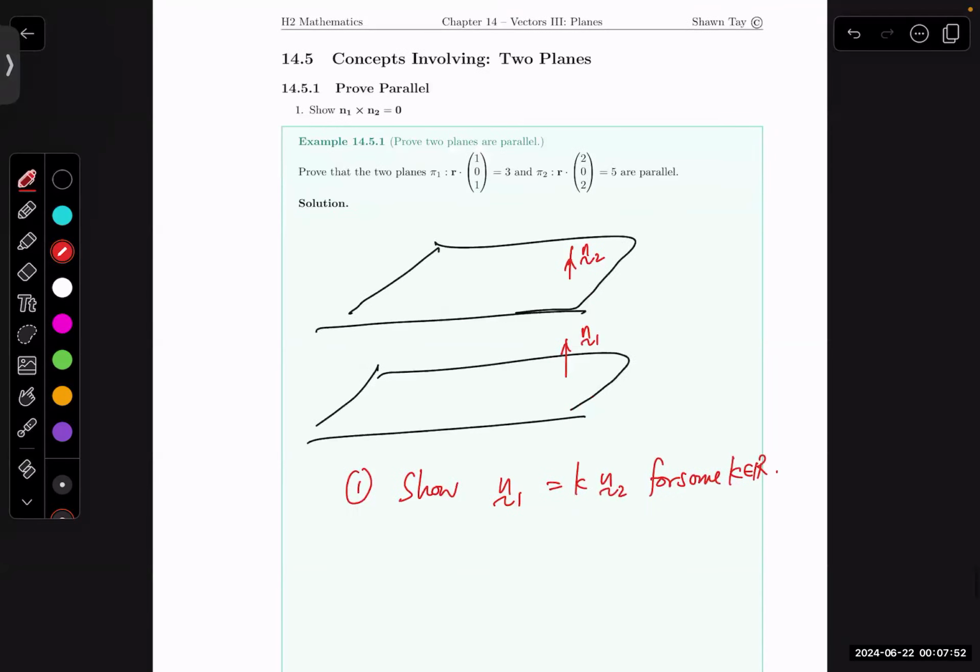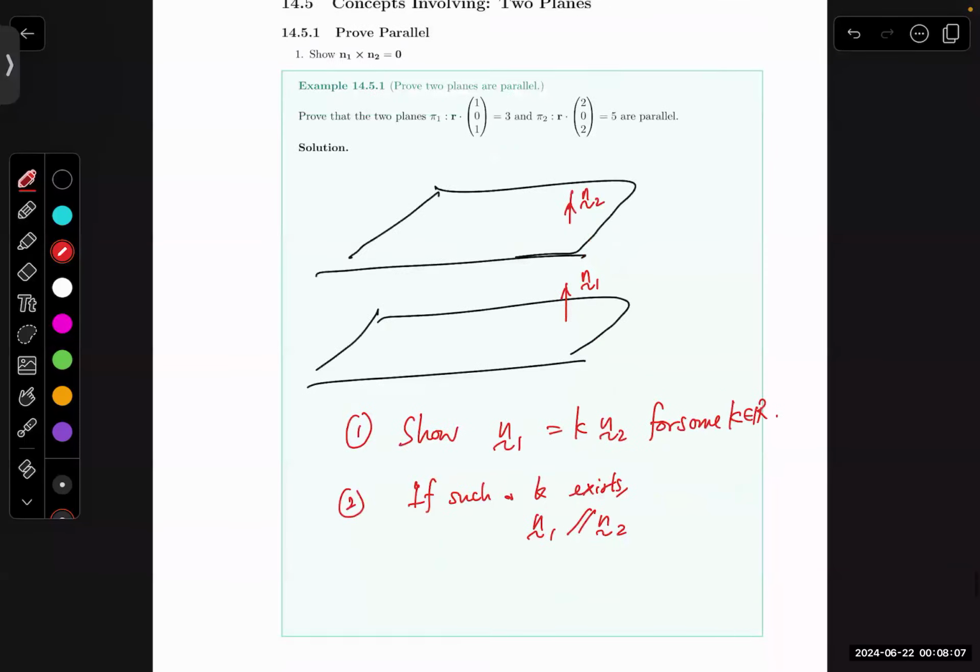Then, if such a k exists, then n1 is parallel to n2, which means pi 1, or plane 1, is parallel to plane 2.